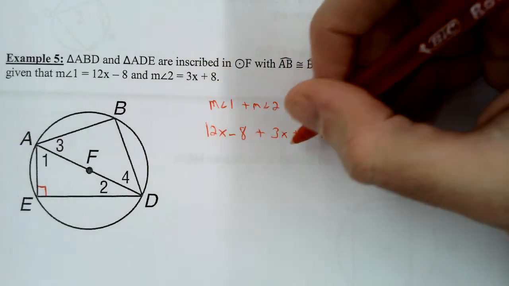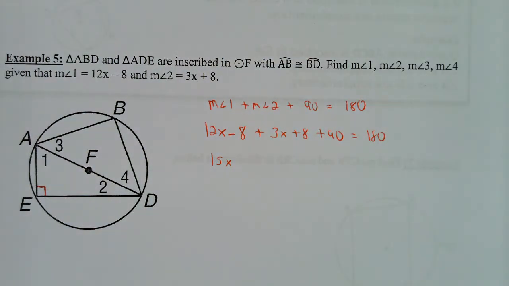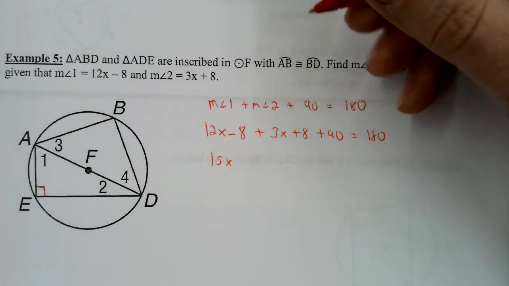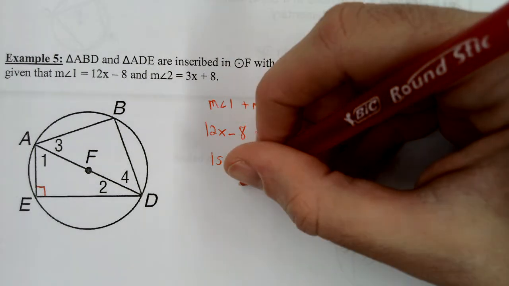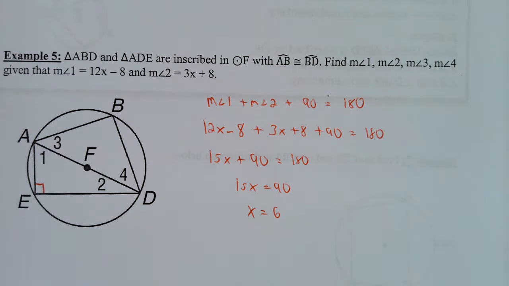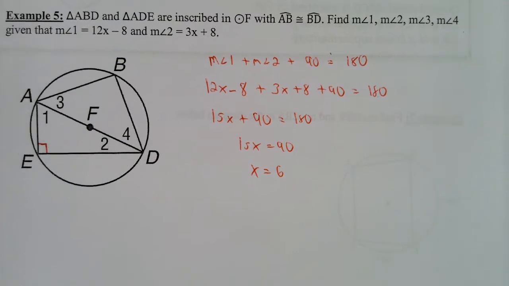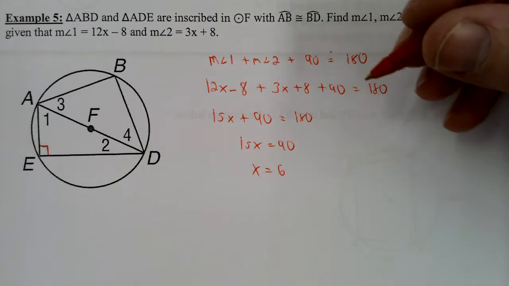Combine like terms. 15x plus 90 equals 180. 15x equals 90. x equals 6. Okay. So we have x. Now we can get the measure of angle 1 and the measure of angle 2. So I'll do that over here.